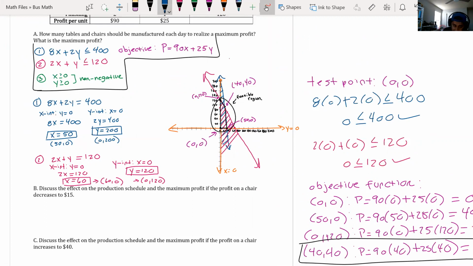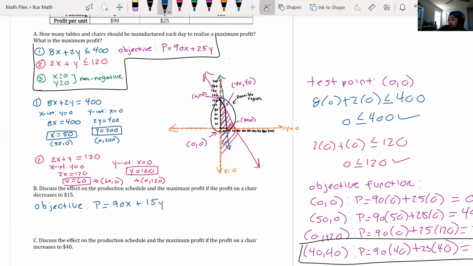So our new objective function would become P equals 90x plus 15y. So, I mean, we could plug in numbers.